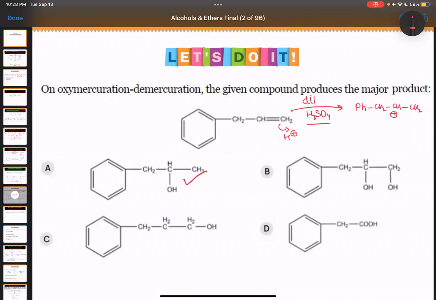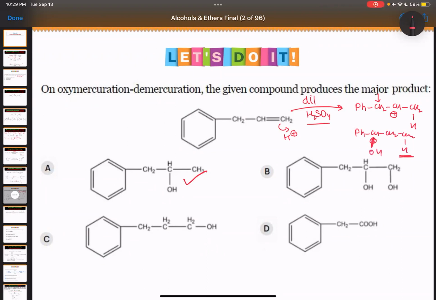The cation will get shifted adjacent to phenyl, because phenyl can make the cation very stable, by shifting of hydride. So H is added at this carbon, but OH is going to add at this carbon.